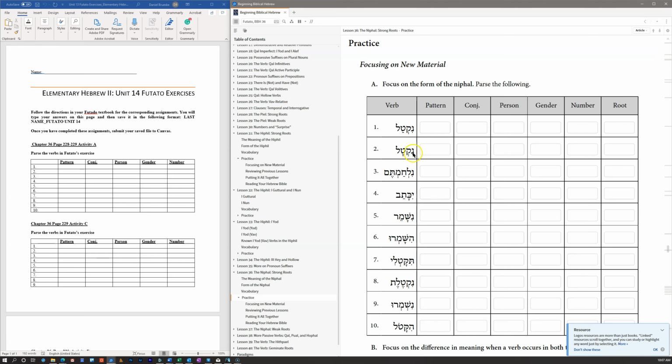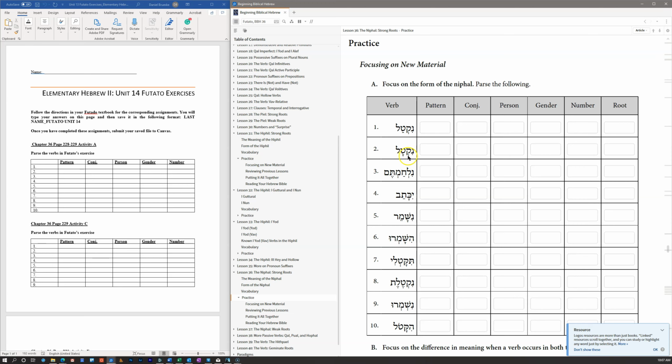Now when we look at number 2 here, we've got another sort of irregularity. We still don't have that holem, so we're not looking at a Qal imperfect 1CP, but now we've got the qamets theme vowel. Well, this qamets theme vowel is going to indicate the participle.